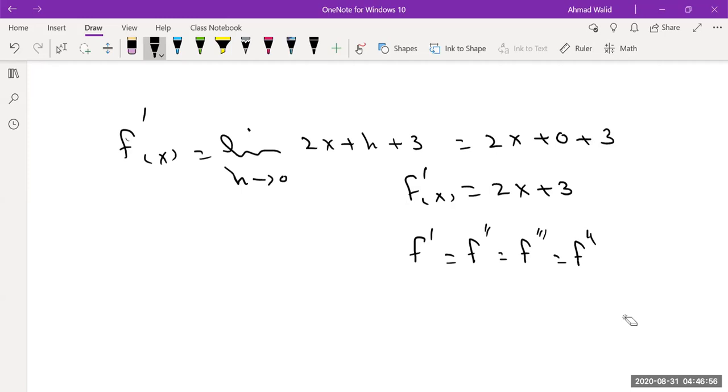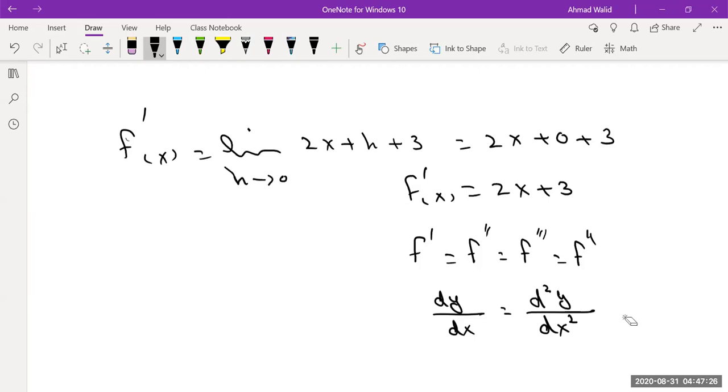After that, f to the power of 4. It's not a power, it means the fourth derivative. Or if you have dy over dx, when you are using this notation, first derivative. If you write d2y over dx2 here, it means the second derivative. This is the notation. This way we go to the third, fourth, sixth.